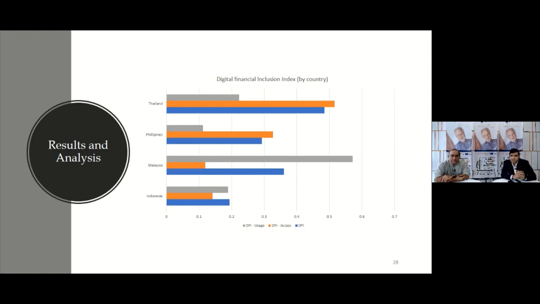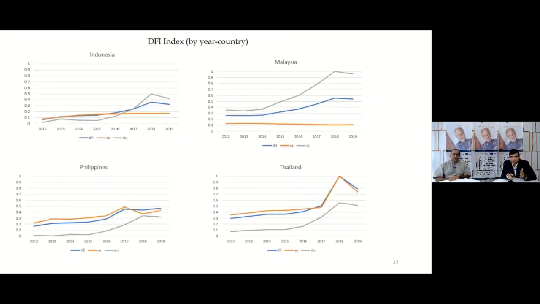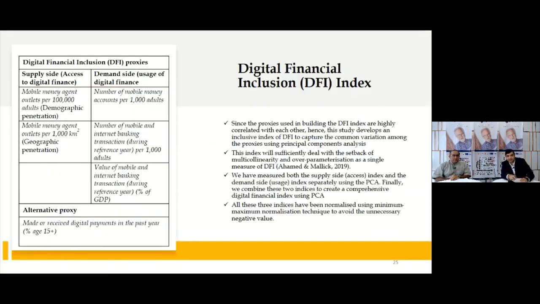I think this digital financial inclusion index is not only related to the banking sector but also to other fintech institutions as well. The way I created proxies is basically by looking at the demand side and the supply side. The supply side is basically access, meaning they have more agent outlets in Thailand, and also good demographic and geographic penetration.